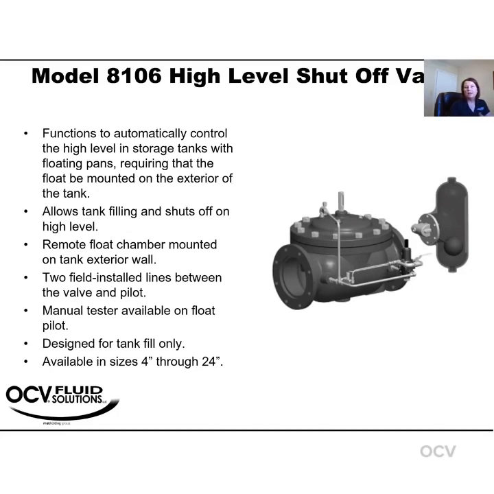So if you have a floating roof and you can't have that internally mounted float pilot, this is an option for you. Again, 4-inch through 24-inch is typically where we see this, and those come in various different materials, stainless steel or cast steel. Again, 2 lines are installed from the pilot back to the valve. Manual testers are available on this option as well.